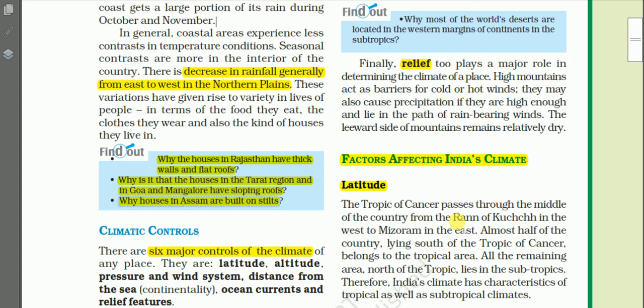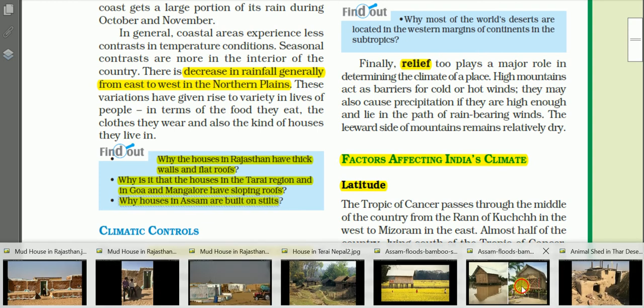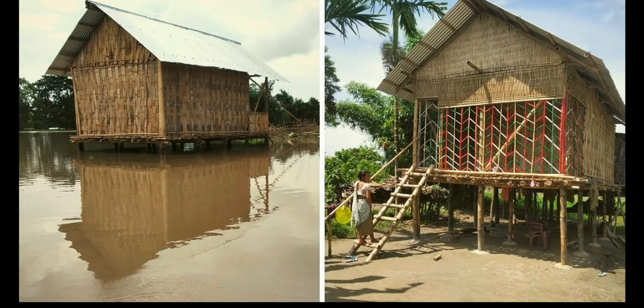Yes, very good, to protect from the flood. Because in Assam, flood occurs very, very frequently, and to protect from the flood water, houses in the rural areas are constructed on stilts, as you can see here.